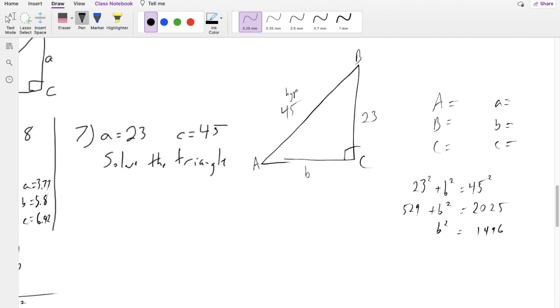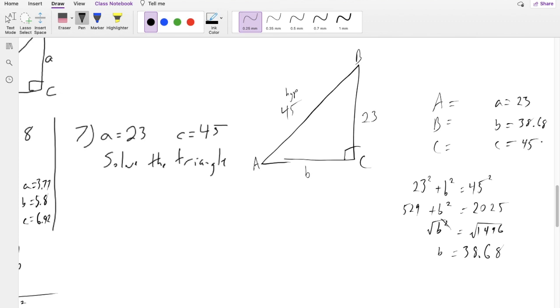Then take the square root of both sides to cancel out the squared. So side b equals 38.68. We knew side A was 23, and we knew side C is 45.